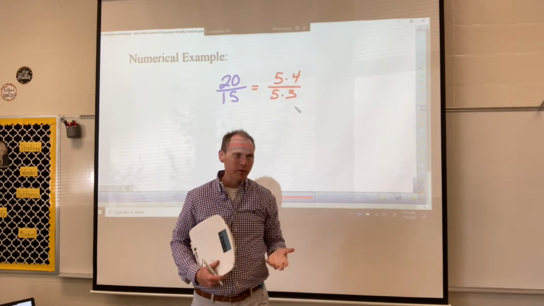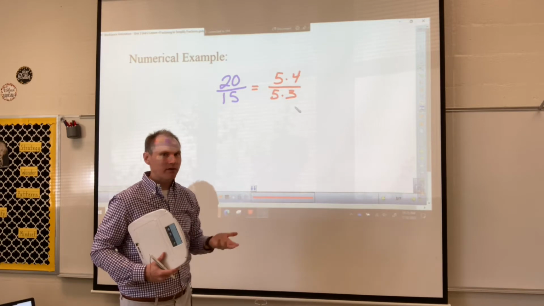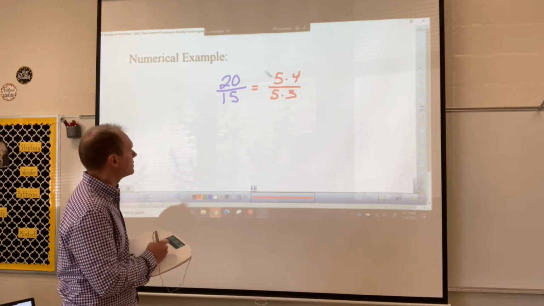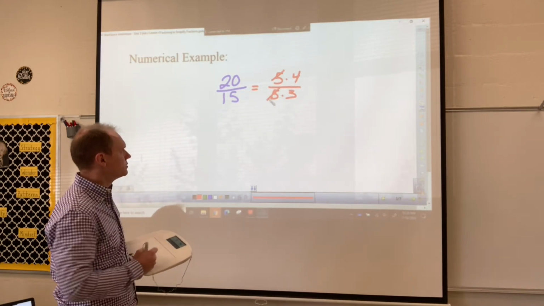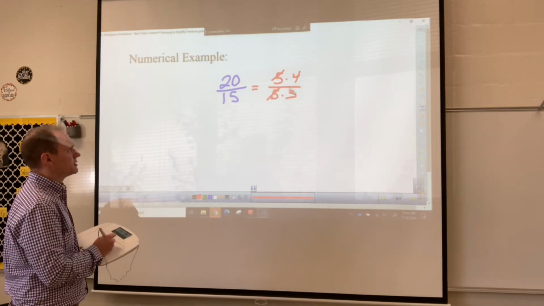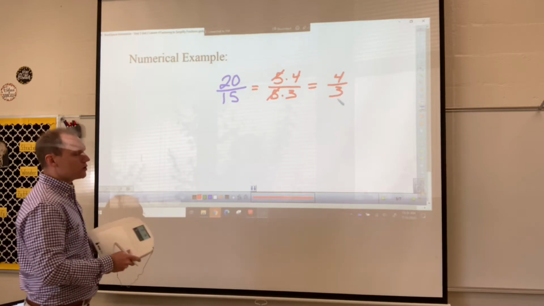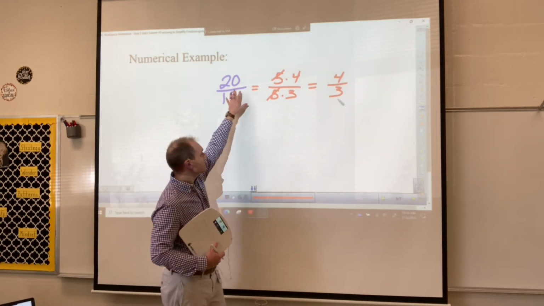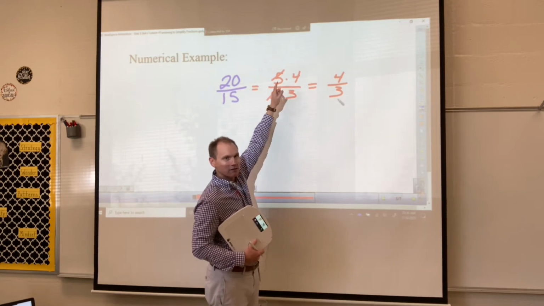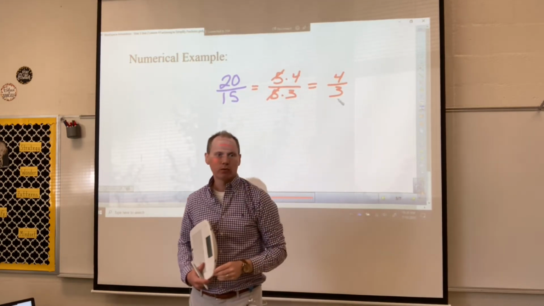Now, sometimes you hear people say they cancel, but really it's simplified to 1. 5 divided by 5 is 1, so you have 1 times 4/3, which is just 4/3. So if we go back through the process here, we found a common factor, simplified that to 1, and then we reduced it to whatever was left.